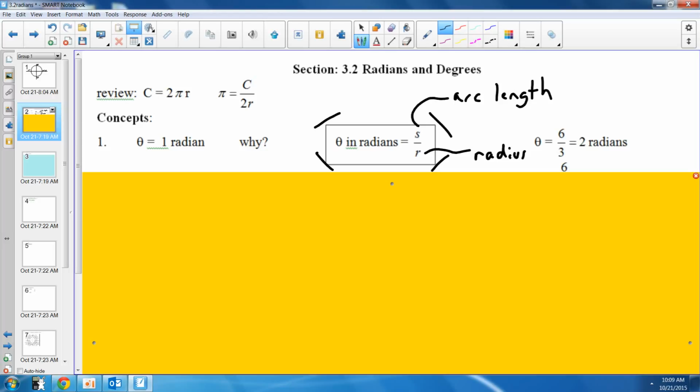So theta in radians, which is just like in degrees, but instead of degrees, it's radians. It's just a different way of labeling an angle, is equal to the arc length divided by the radius.